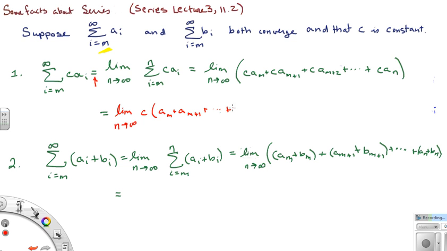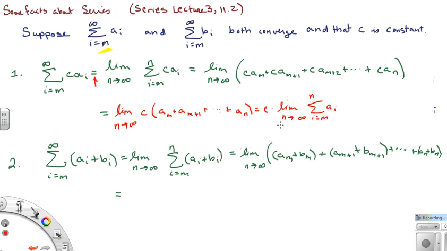Of course, c doesn't depend on n either, so I can factor c out of the limit. I get c times the limit as n goes to infinity of the sum i equals m to n of the a_i.